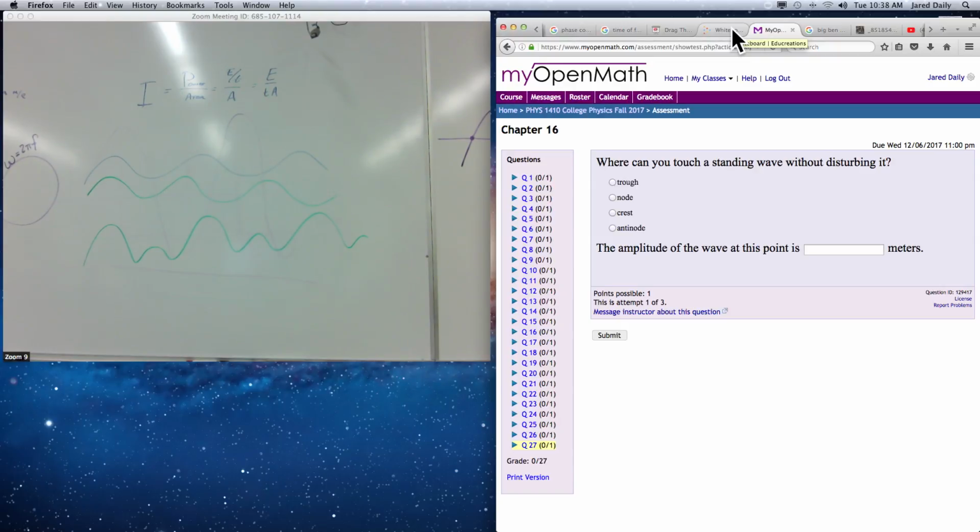When a wave goes through, how can the particles in a medium move as the wave passes through? In a transverse wave, they go up and down, so that's the wave that's like this. But in a compression wave, the wave moves this way, and they move back and forth, forward and backward.